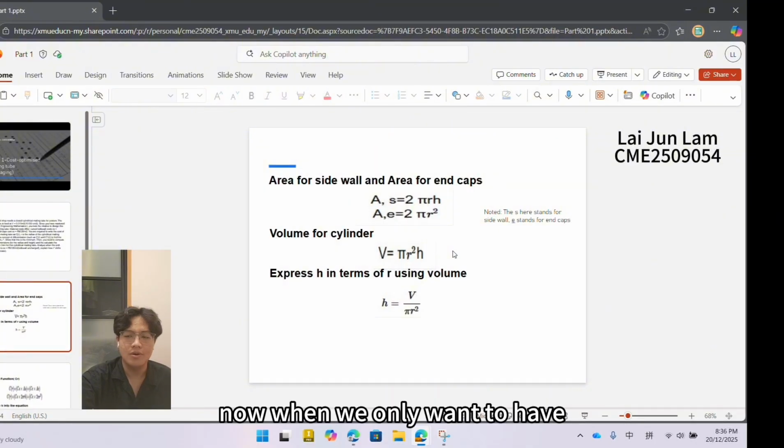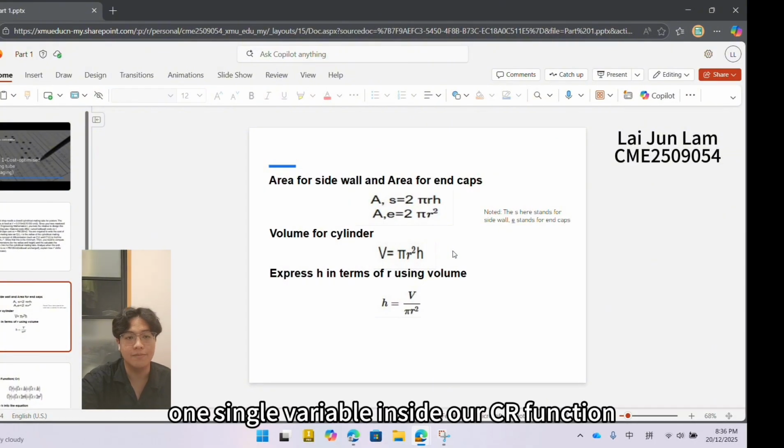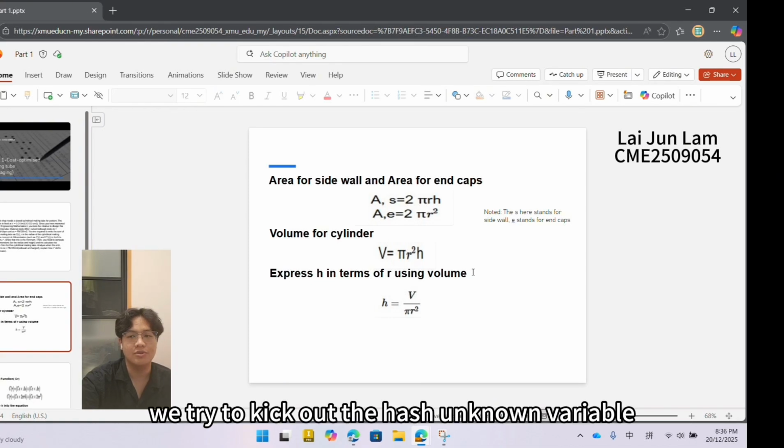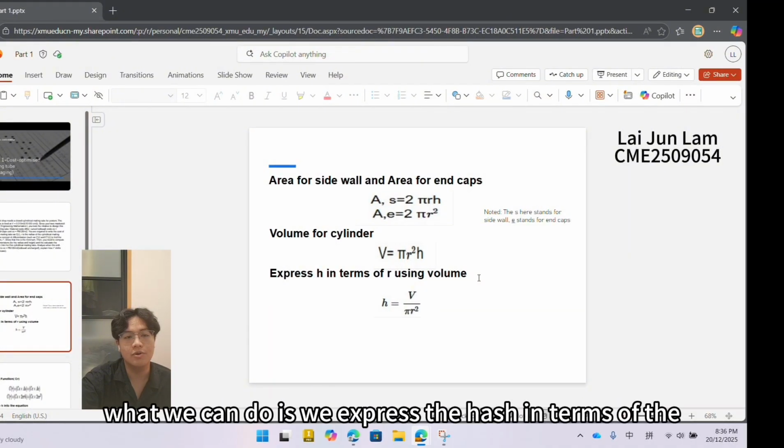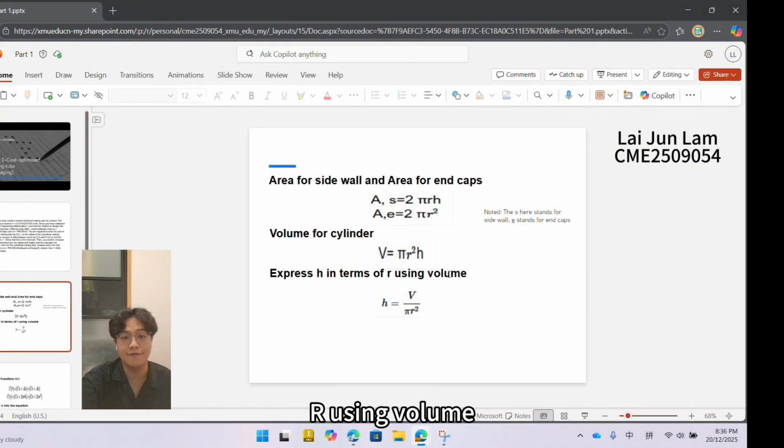Now, when we want only one single variable inside our cost function, we try to kick out the unknown variable h. So we express h in terms of r using the volume. We will get h = V over πr².